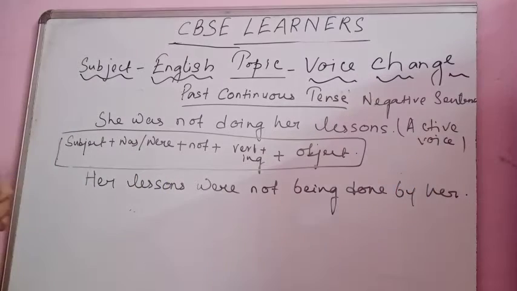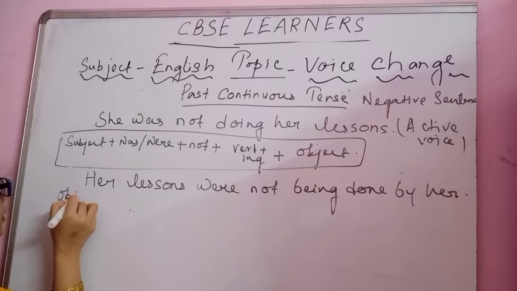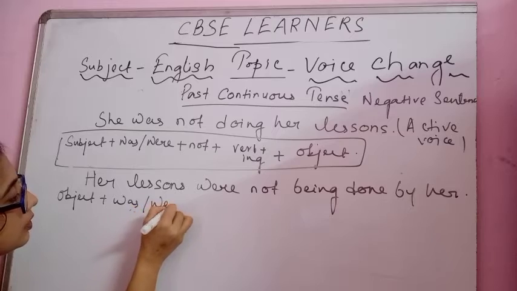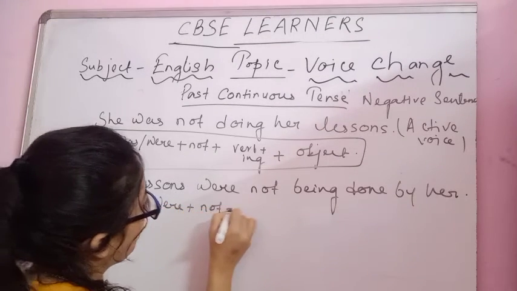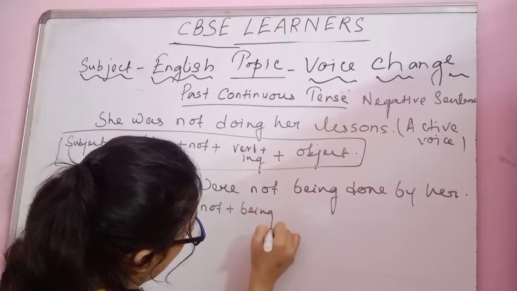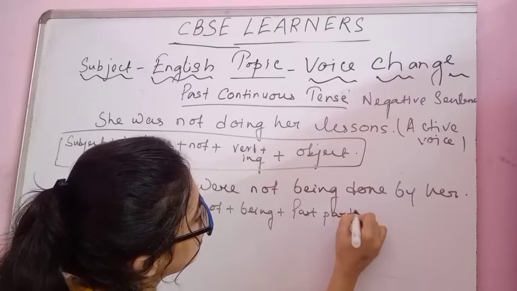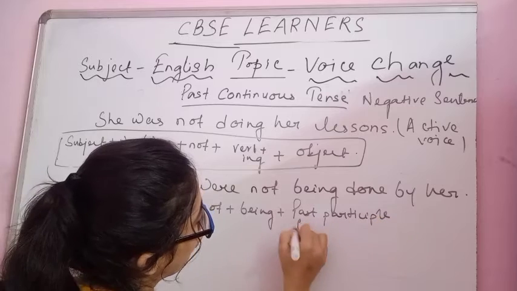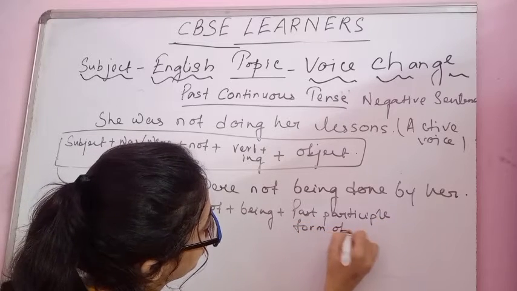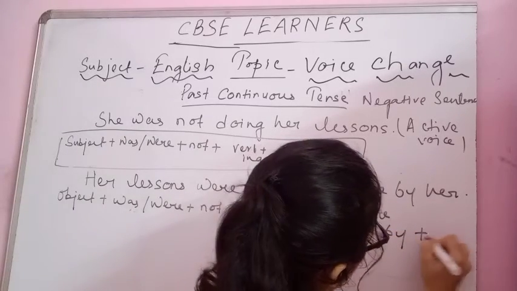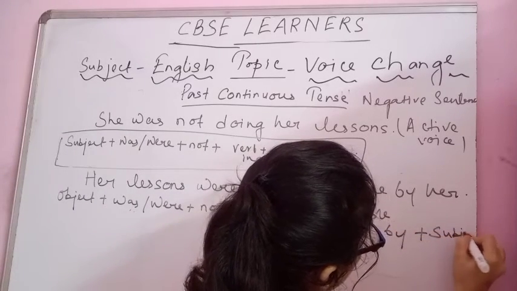So we'll be using this one: object plus was or were plus not plus being plus past participle form of verb plus by plus subject.